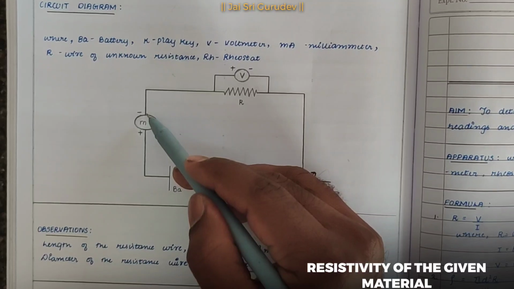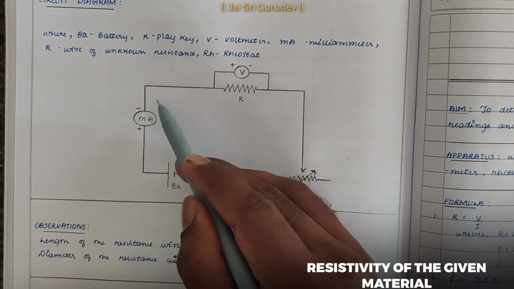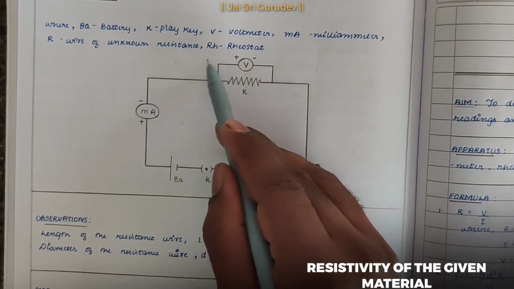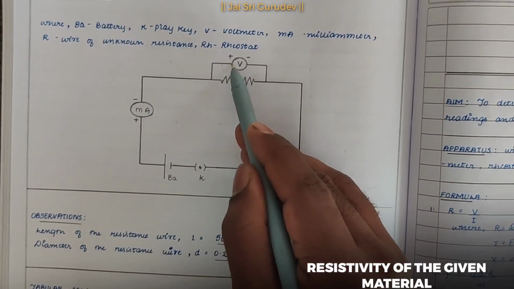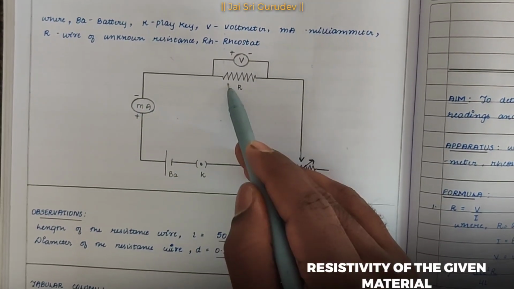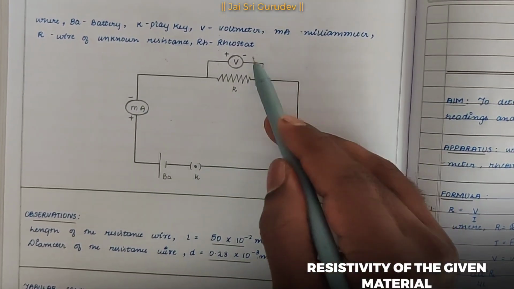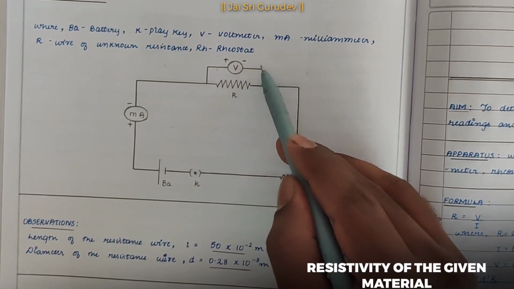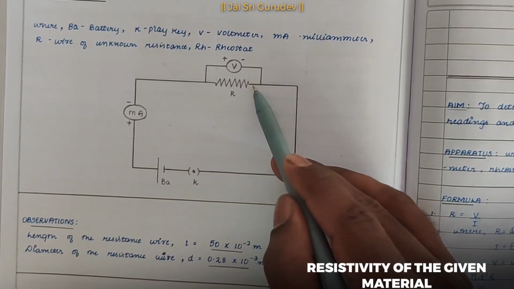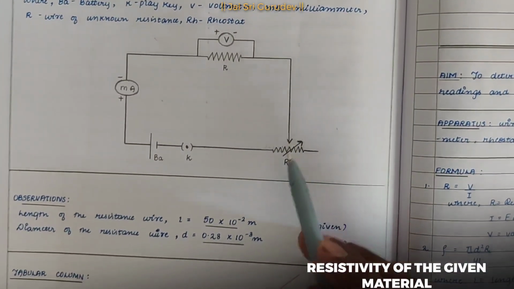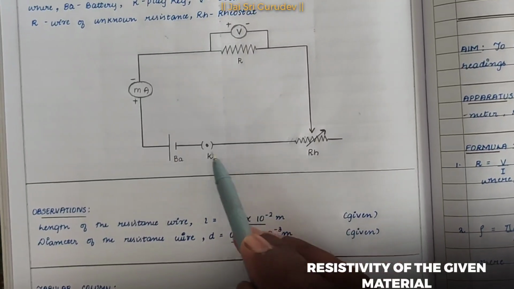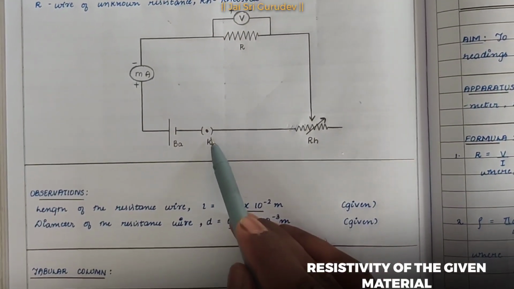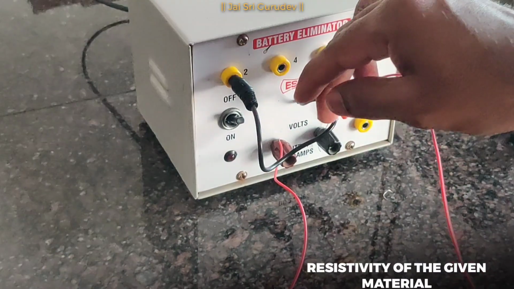From the negative terminal of the ammeter, take two wires: one is connected to one end of the resistance and one is connected to the voltmeter. And from the negative terminal of the voltmeter, take two wires: one to the other end of the unknown resistance and one to the upper end of the rheostat. From the left end of the rheostat, the wire is connected to the negative terminal of the battery through a switch, the plug key.